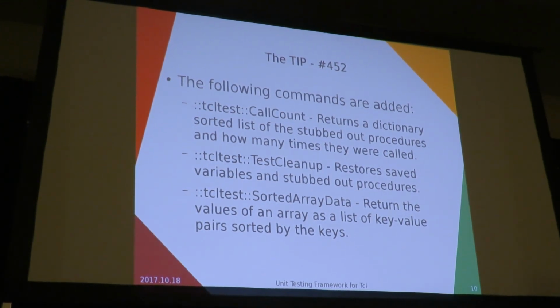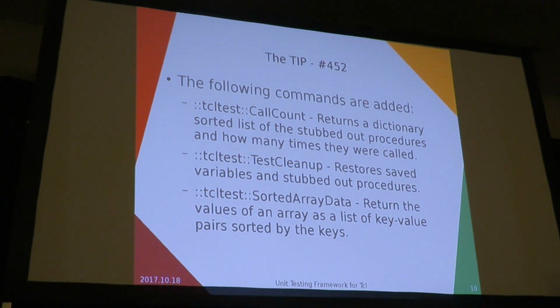Sorted array data. If you're using arrays, you can't just do array get and pass it to the results, because the order might be changing. There's no guarantee on the order of the values returned from array get. So this is a little utility that I think is missing from tcltest, and I threw it in here.